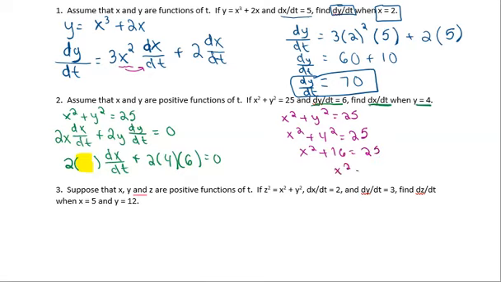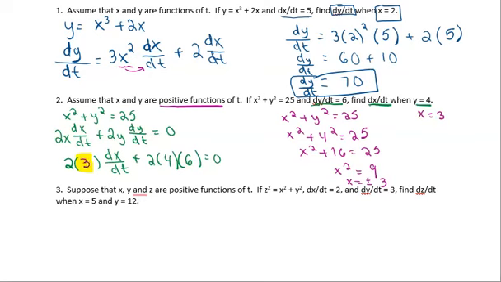Subtract 16 from both sides, so x squared equals 9, which means if we take the square root, we get positive or negative 3. But notice, it says right here that x and y are positive functions of t. So because of that, we know that x has to equal 3.